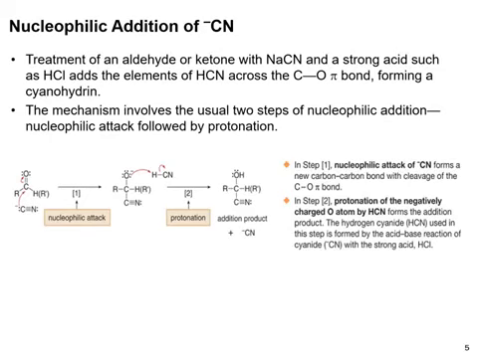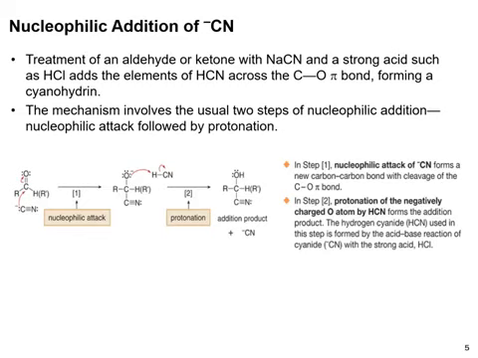In this reaction, aldehydes and ketones are treated with sodium cyanide and HCl. In this case, HCl and sodium cyanide react with each other and give HCN, and this cyanide attacks the carbonyl carbon, the pi bond breaks, and it finally gives the cyanohydrin product.